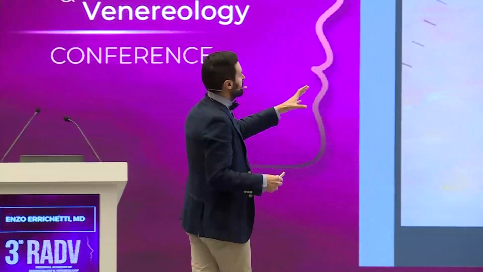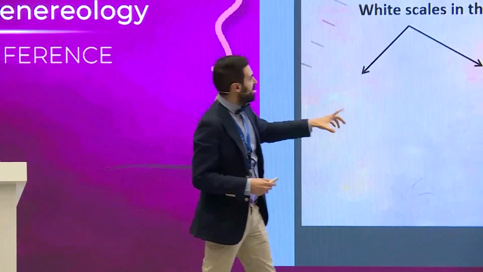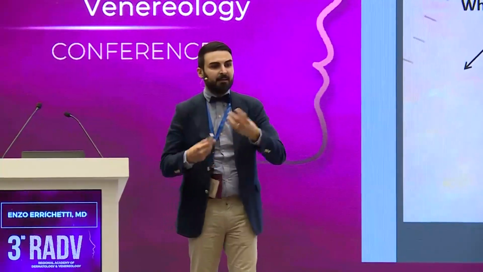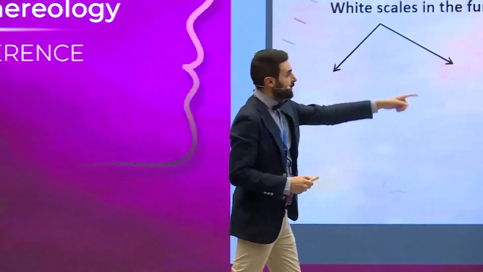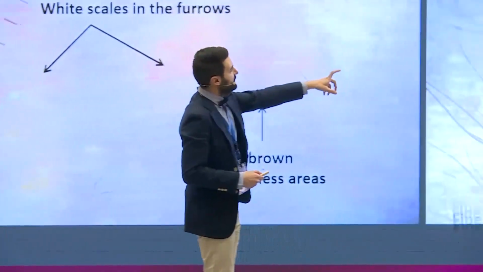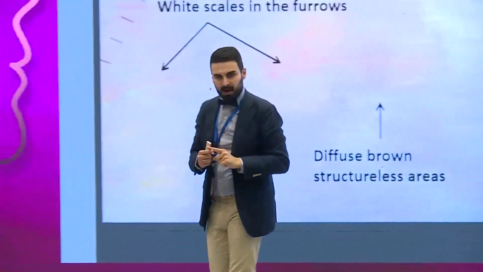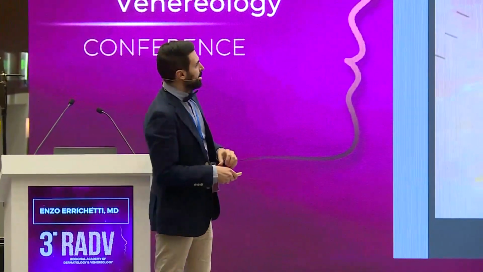In pityriasis versicolor, we have a structureless brown pigmentation, and we have white scales in the skin furrows. Why? Because in the skin furrows, there is a higher humidity, and the fungus loves humidity, okay? So we have scales in the skin furrows. In Gougerot-Carteaud syndrome, we have this cobblestone pattern, so these polygonal brown globules, okay? And also white scales.